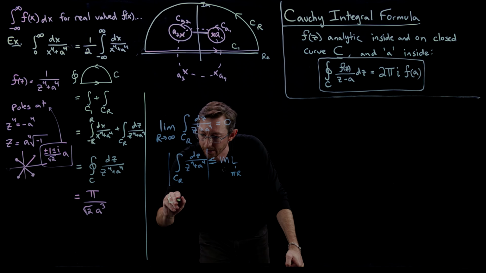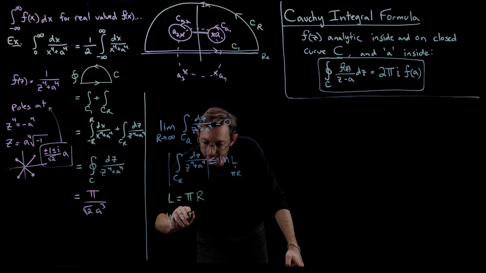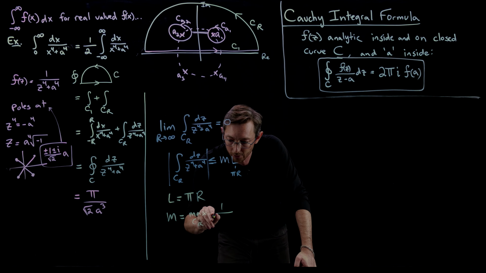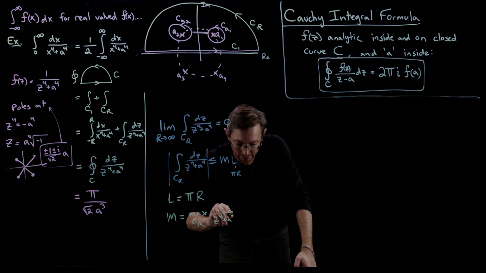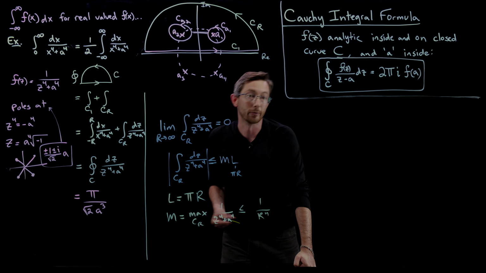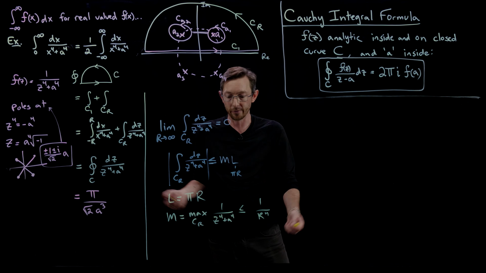So clearly the length equals pi r, and M equals the max over C_R of 1 over z to the 4th plus a to the 4th, which is less than or equal to 1 over r to the 4th. Clearly a is positive, so this can only be worse than 1 over r to the 4th.